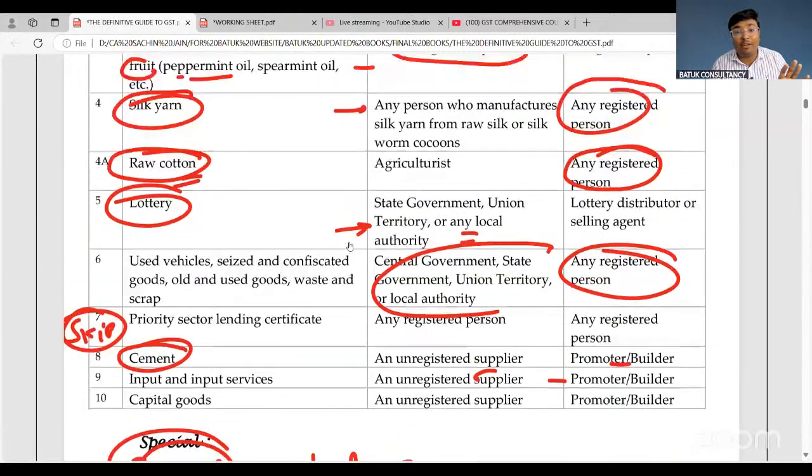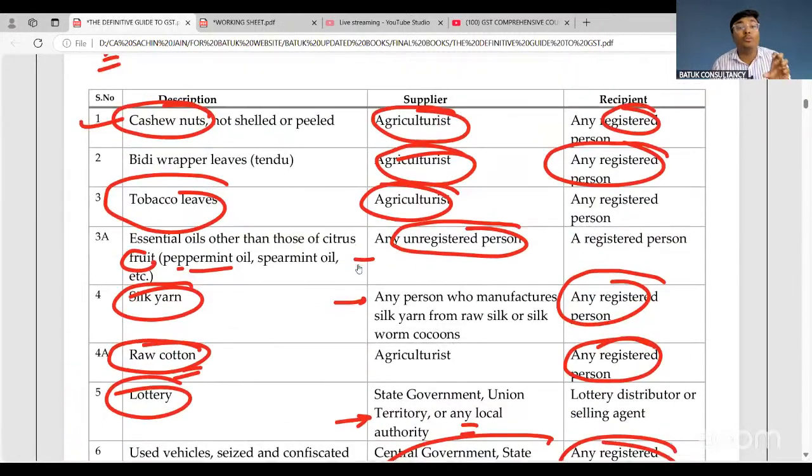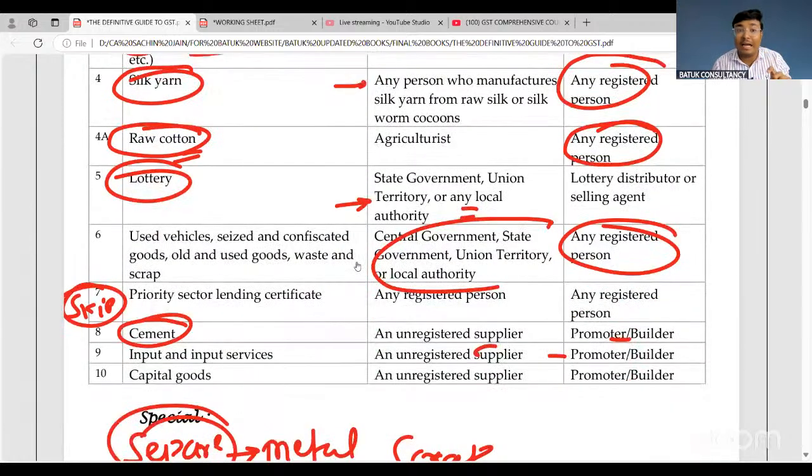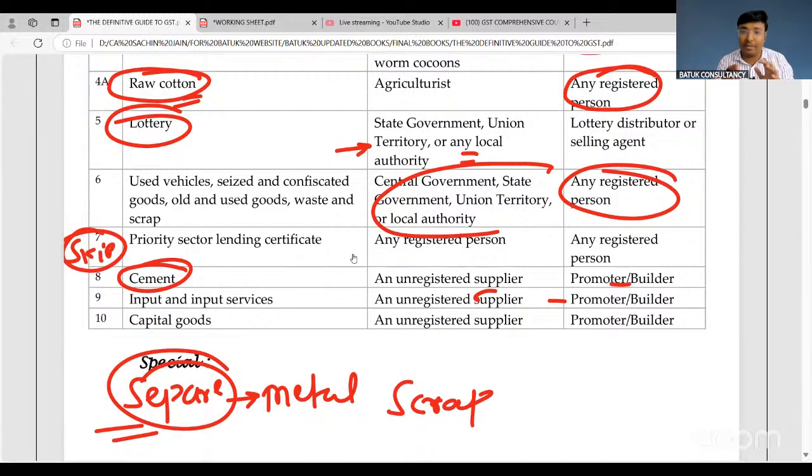We have covered cashew nuts, tobacco, BD wrapper, essential oil, silk yarn, raw cotton, lottery, used vehicles, with the priority sector lending certificate pending. So we just need to keep these goods in mind whenever we check the financial statement of our client, to see whether RCM is applicable or not.